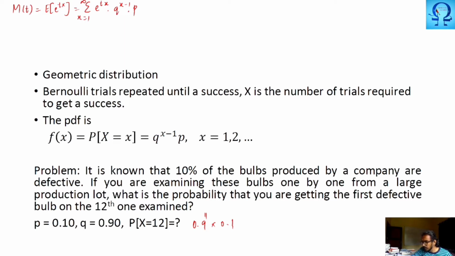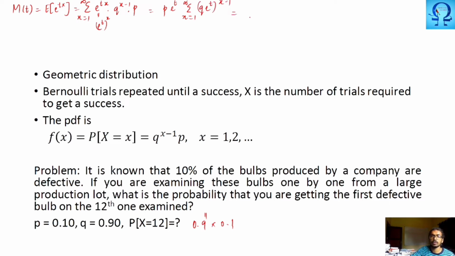Here this p is independent of x, so we take it outside, and we write this as e to the power t whole power x. So let me take one e to the power t outside, so that it becomes the summation, x from 1 to infinity, of q e to the power t whole power x minus 1.